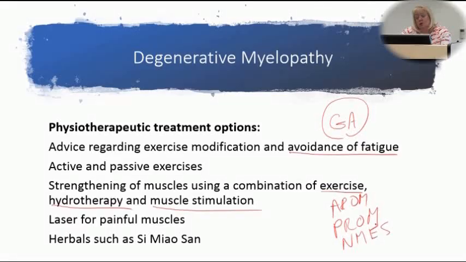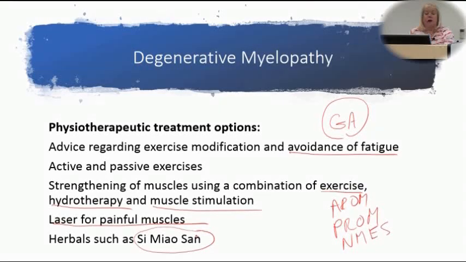Now, we do use some herbals for degenerative myelopathy, and this is one of my favorites for this condition. There are others that you possibly could use, but that's one that I particularly like. So let's look at this.